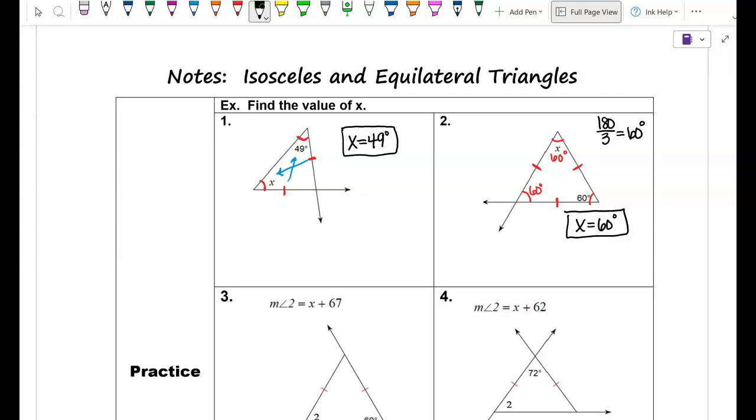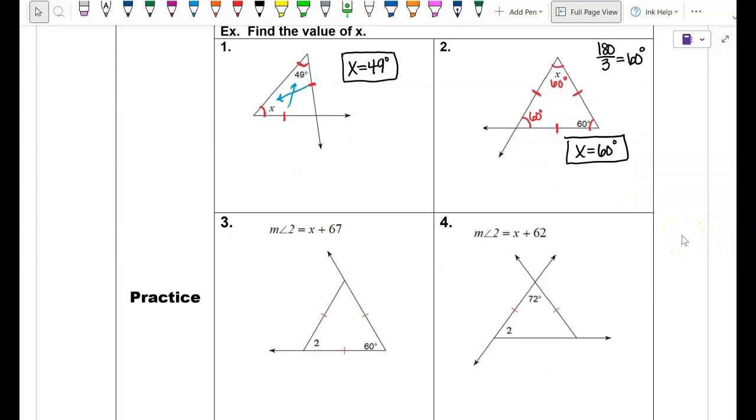But again, all the problems are not going to be that easy. They are going to get a little more complex, as we're going to see starting with example 3. Instead of just giving us a variable in example 3, they're going to give us an expression. So we're going to have to use that information plus what we know about isosceles and equilateral triangles.